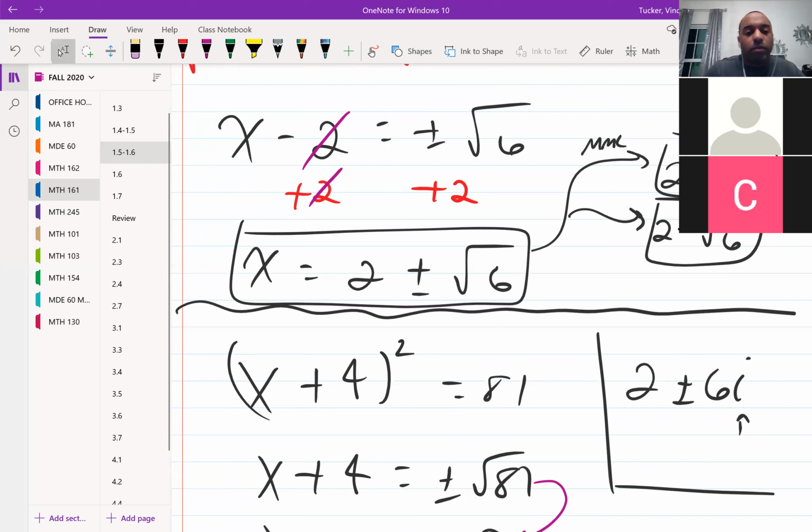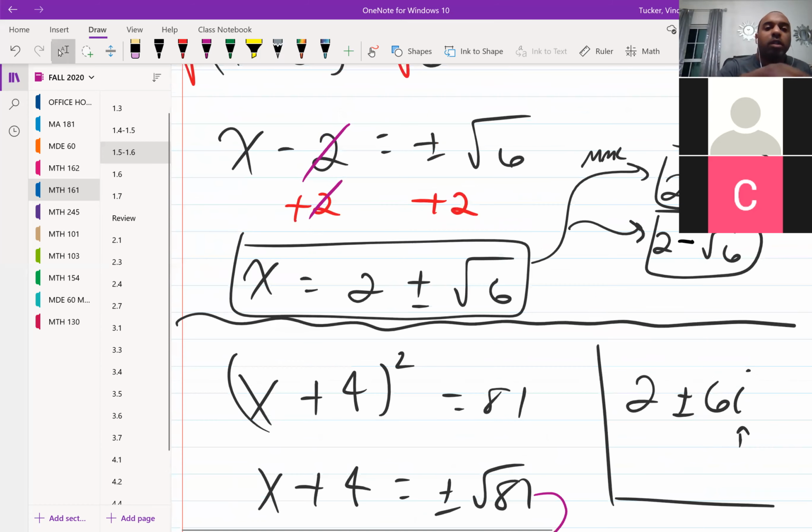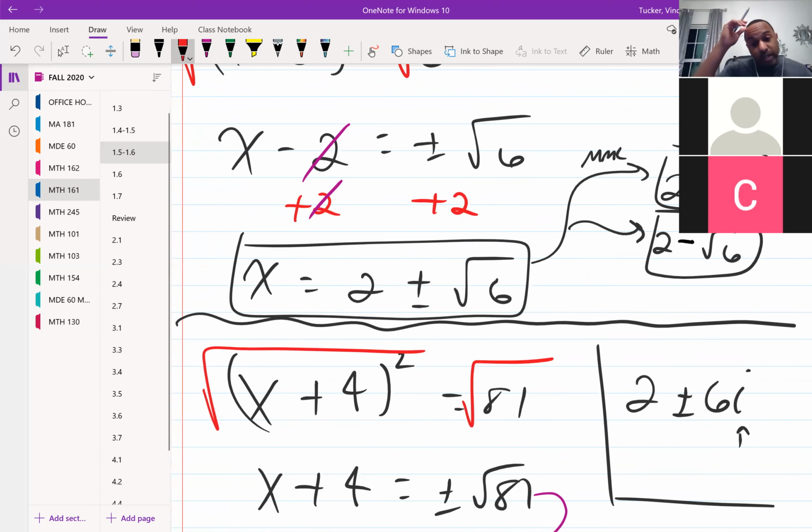All right, so the next one, x plus 4 squared equal to 81. Yeah. So take the square root of both sides. So that square and square root can cancel, leaving you with just x plus 4 on the left.